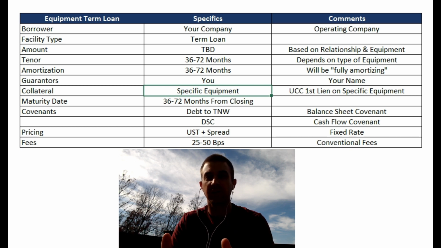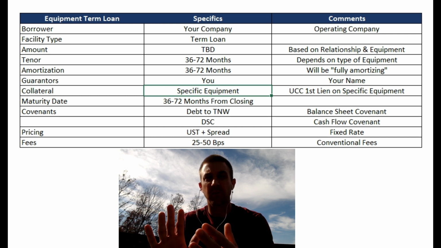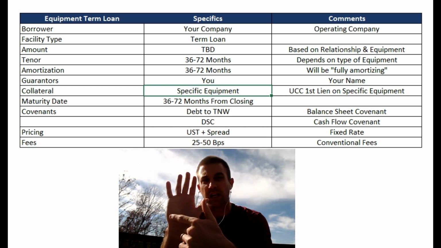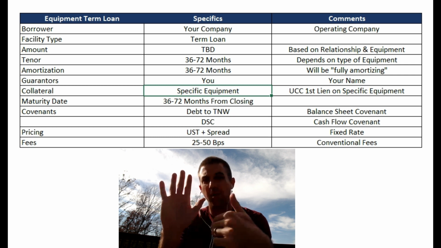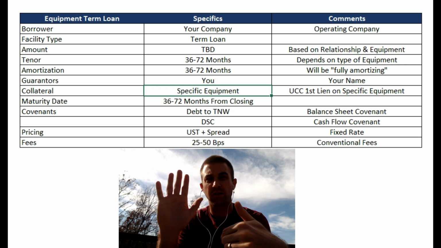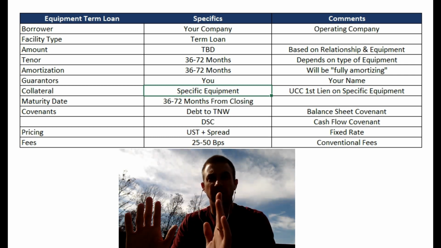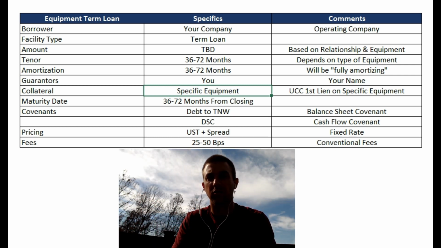When you go into the UCC, I'm a Florida guy, so it might be different in other states, but they're going to look at the lien information on the equipment, and right on the bottom of the page, it is going to say the specific equipment noted. It's going to spell out exactly what that loan is secured by. So again, the collateral is the specific equipment you are purchasing.